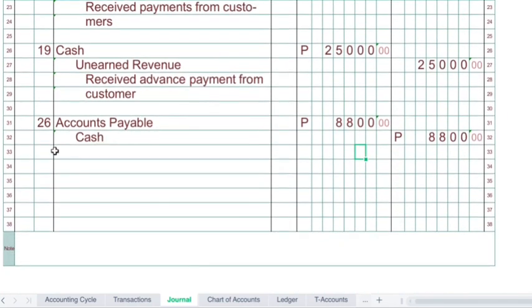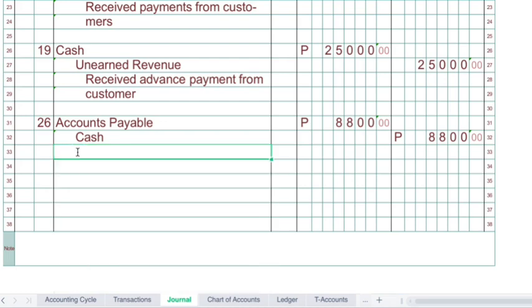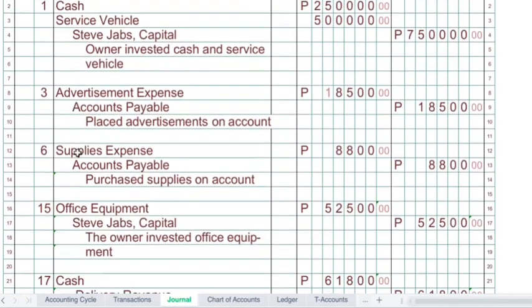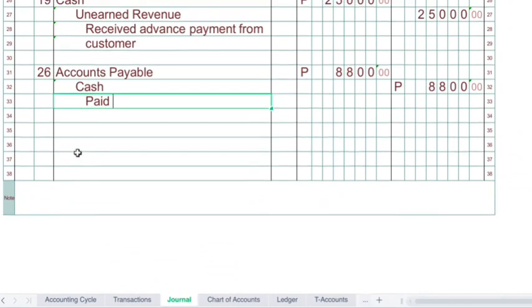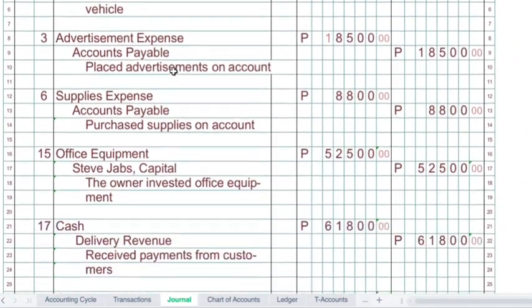Alright, so let's put a short description here. Okay, we paid supplies on account. Last May 6.